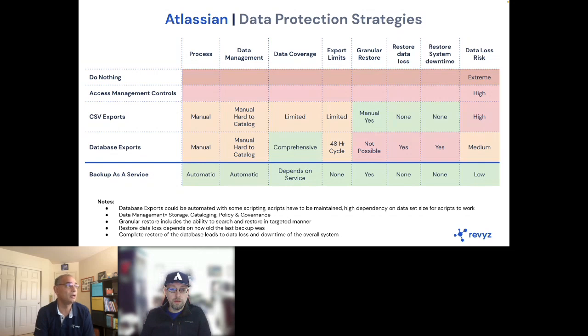The second one is access management controls. This is something which we talked about earlier, which is following the principle of least privilege. You ensure that you provide access permissions only to the level which that particular user requires. You do not give more.